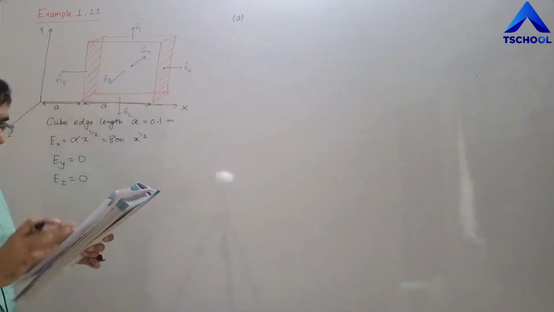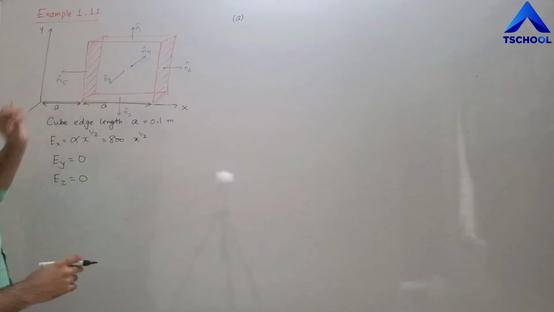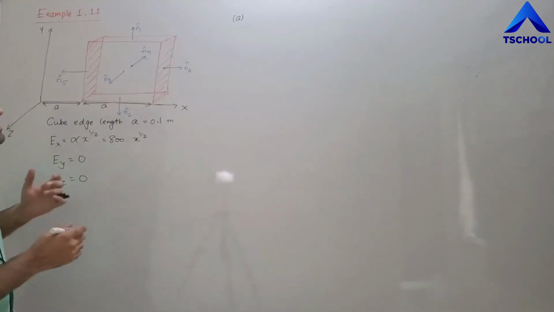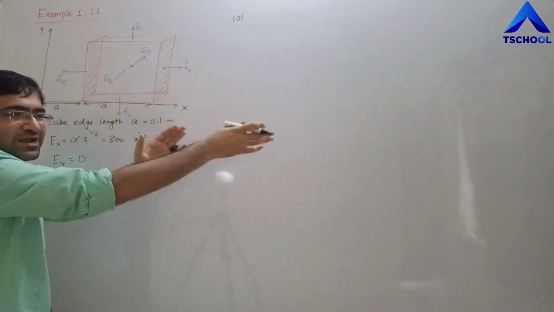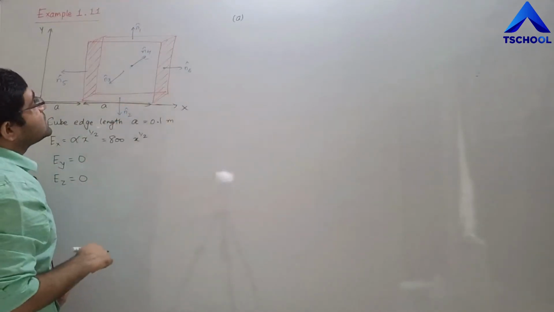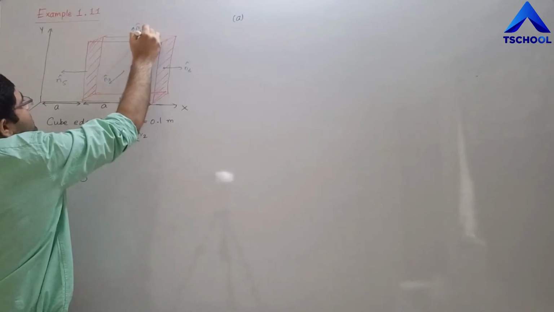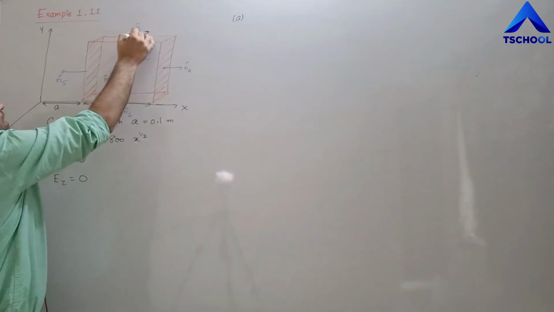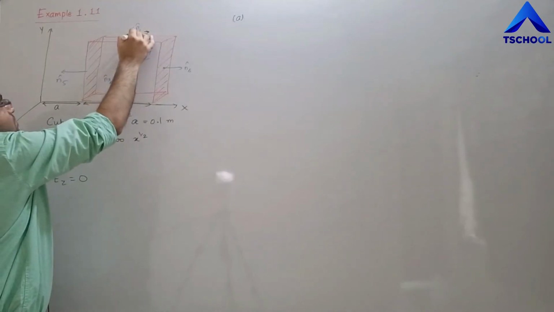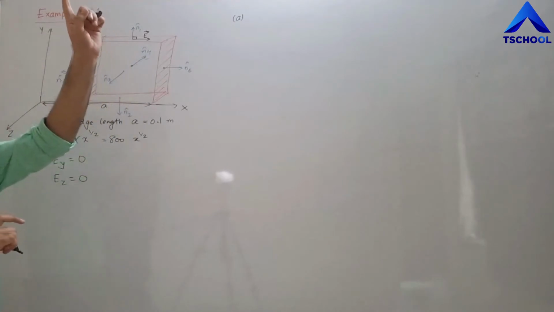So we have to find out the electric flux through the cube. Now, first of all, I want you to imagine the electric field lines. All the electric field lines are going to be towards the right hand side, that is, towards the x axis. So if you think of this flat surface, the upper one, the electric field is in the right hand side, but the normal vector of this upper surface is pointing towards the y axis.